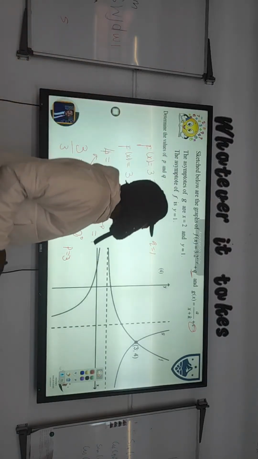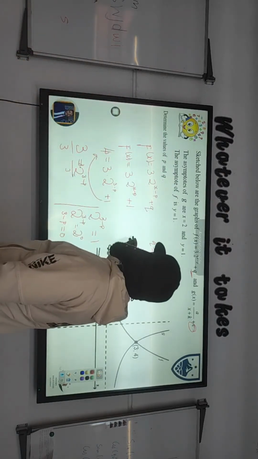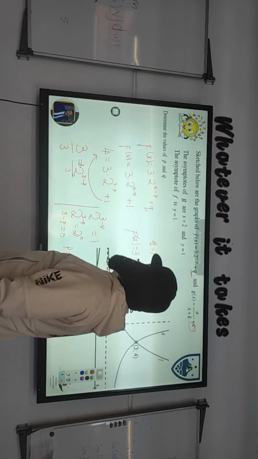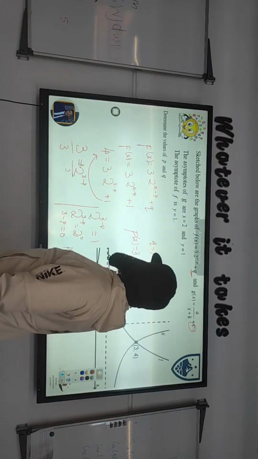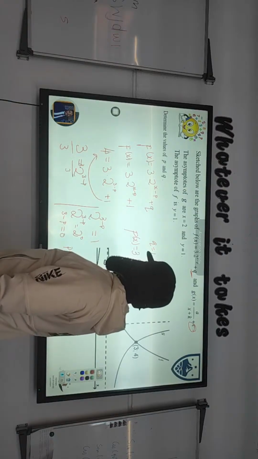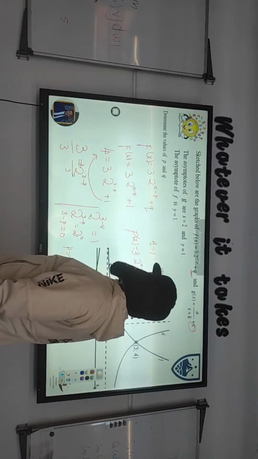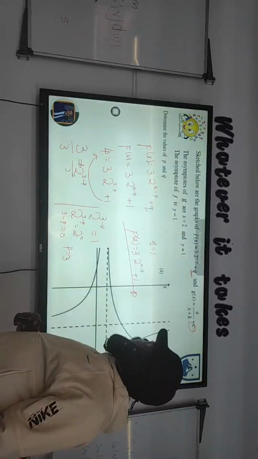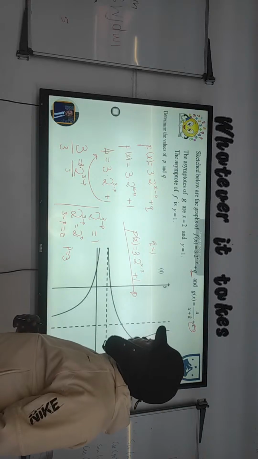So if they say find the equation of f of x, my f of x will simply be 3 multiplied by 2 to the power of x minus 3 and then plus 1. That is your equation of f of x.